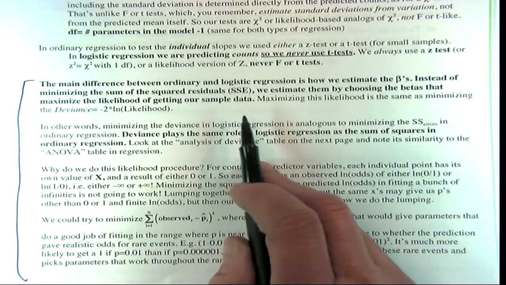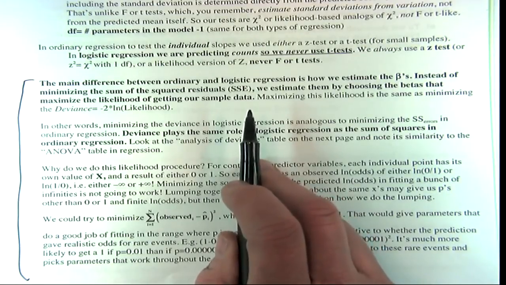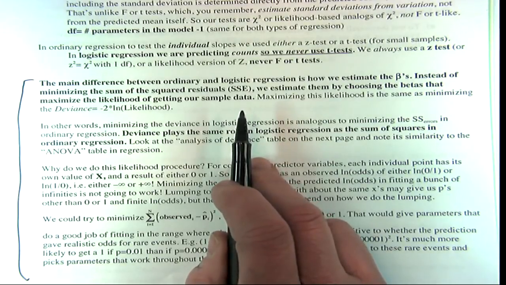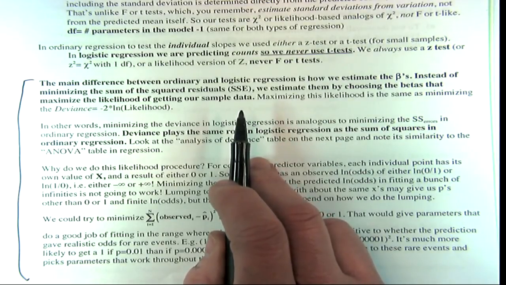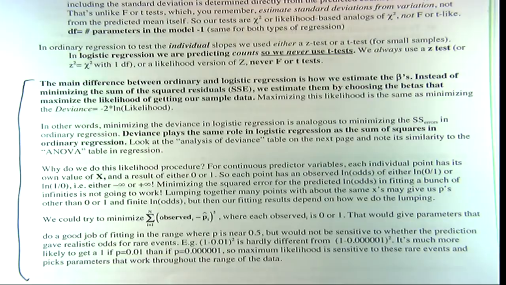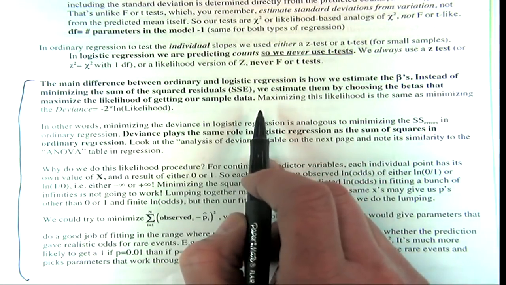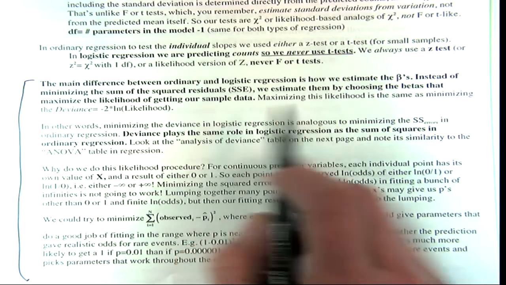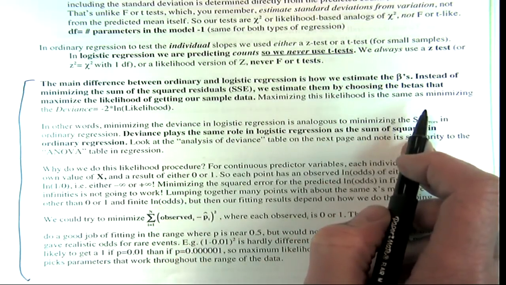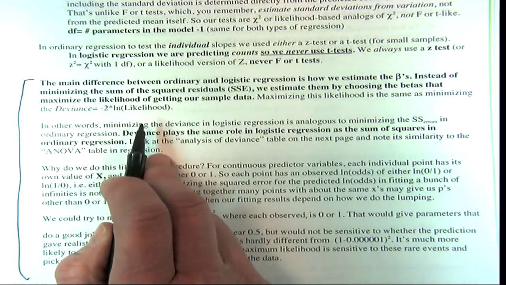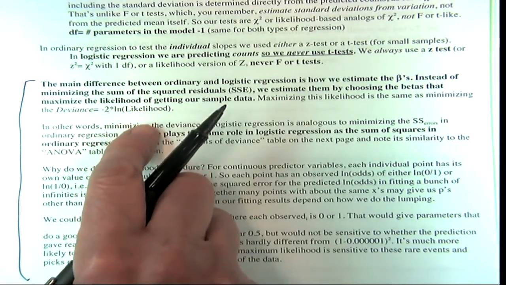And if you've taken Stat 400, you probably proved, in one of those courses, that the maximum likelihood estimator is the least squares estimator when you're looking at ordinary least squares. But not here. Maximizing this likelihood is the same as minimizing something called the deviance. We're going to talk about this more later.